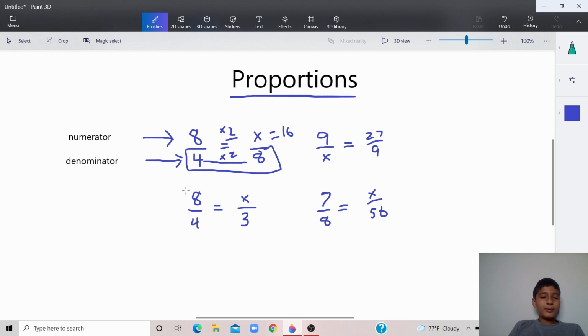But there's a different way we can do it, something called diagonal pairing. Basically, you form two diagonals here, one with the left-hand denominator and the right-hand numerator, and one with the left numerator and the other denominator.